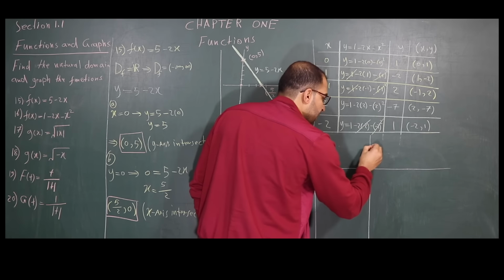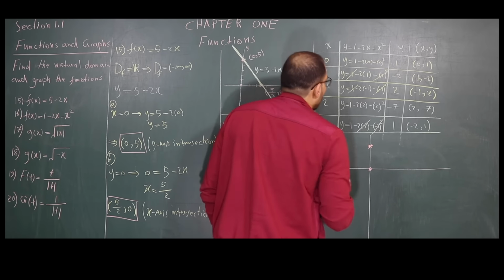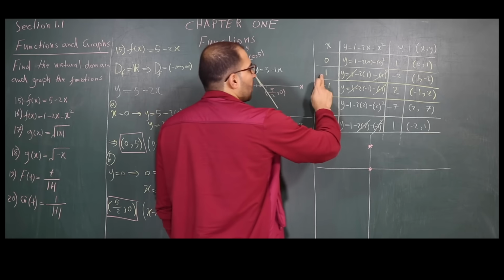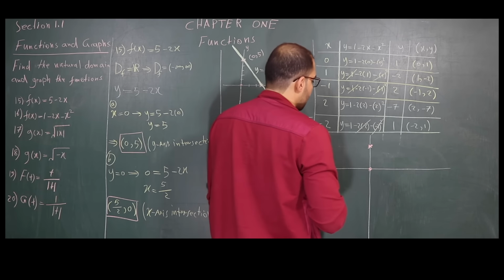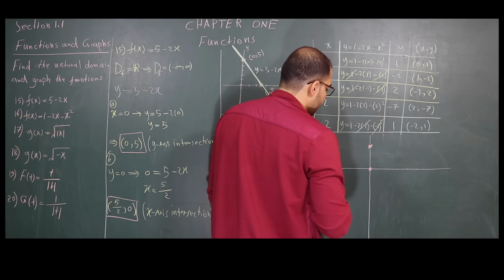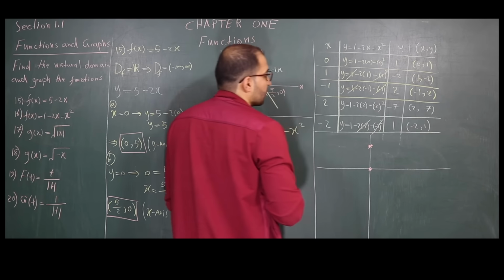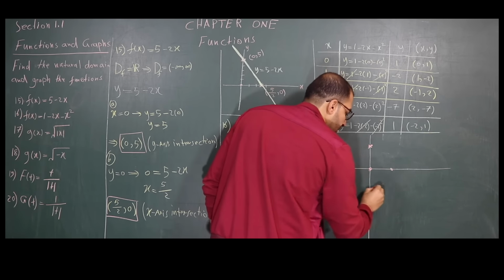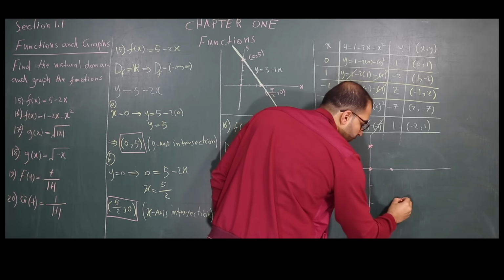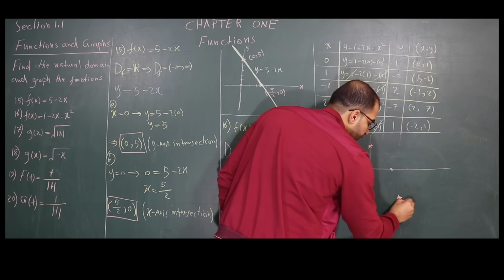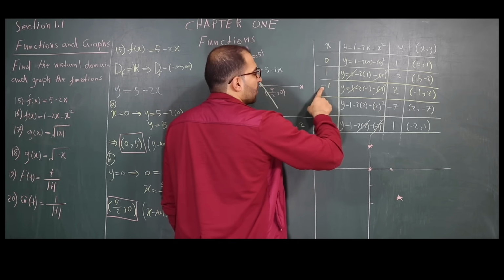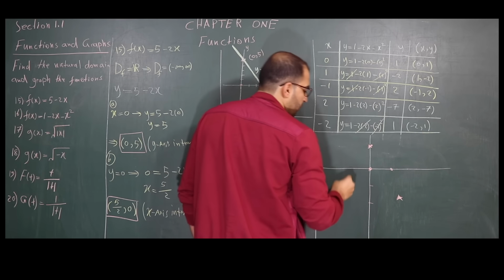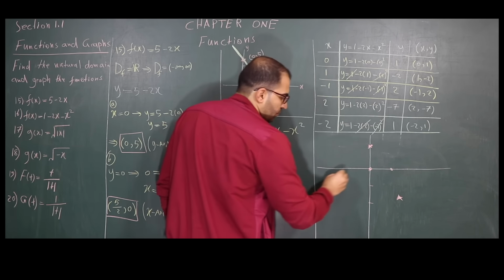This is 0 on x, and this is 1 on y. And we have 1 and minus 2. So 1 here, minus 2. And we have minus 1 and 2. Minus 1 here.